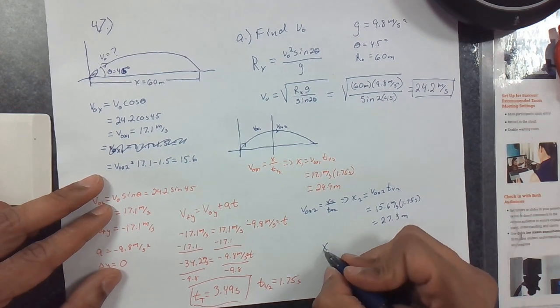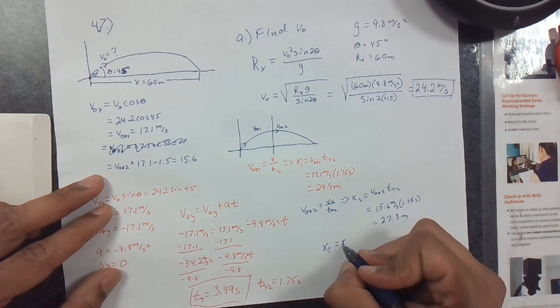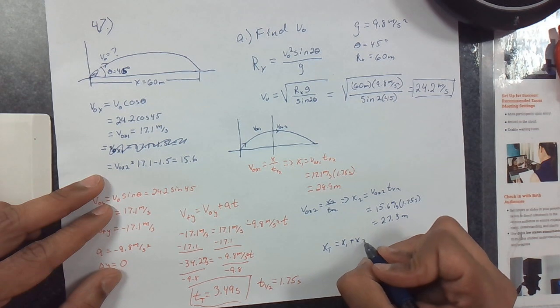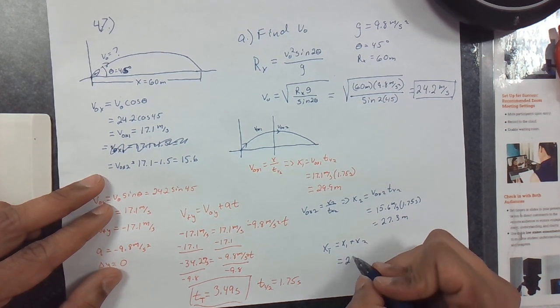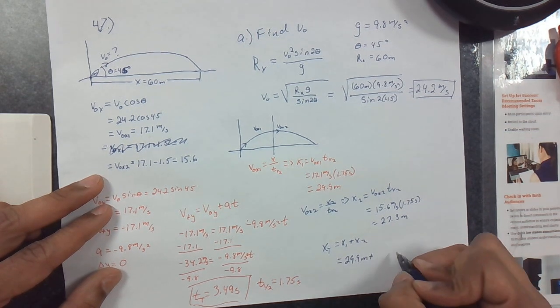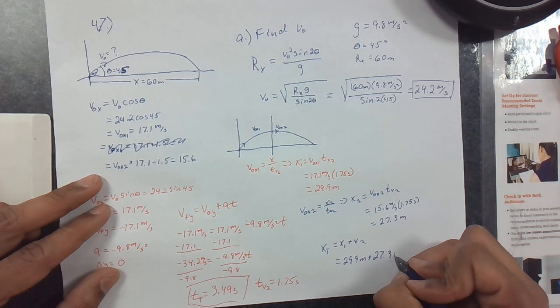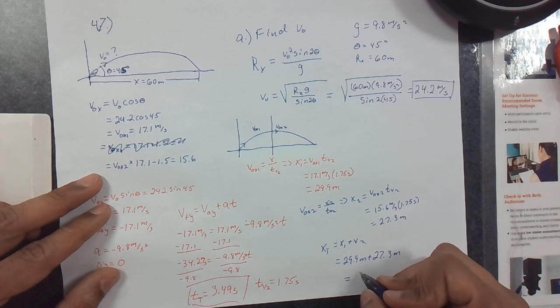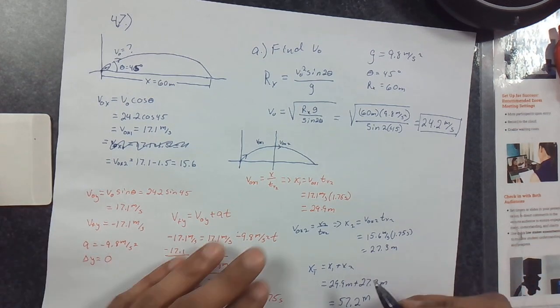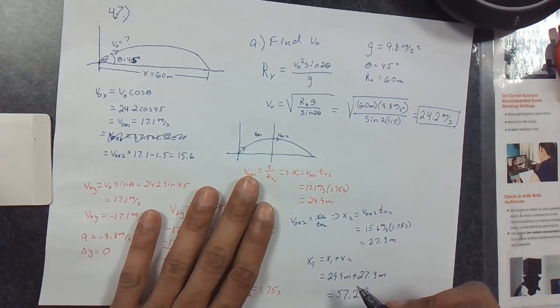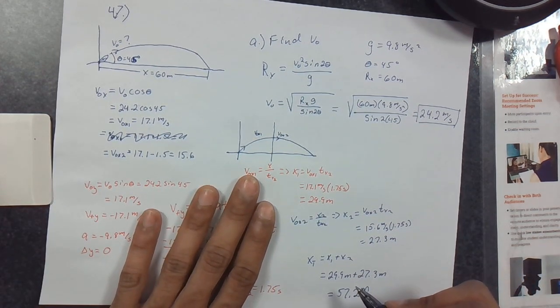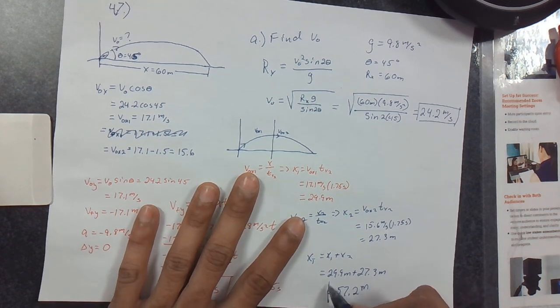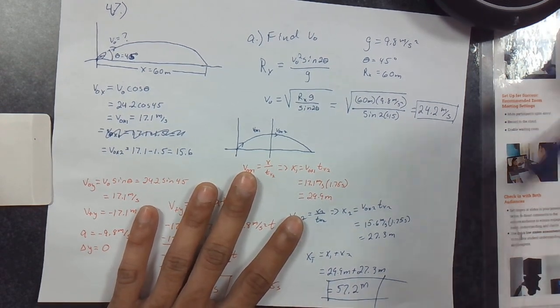So our x total would equal x1 plus x2, which would be 29.9 meters plus 27.3 meters, which equals 57.2 meters. And that's the answer. That's what we're looking for.